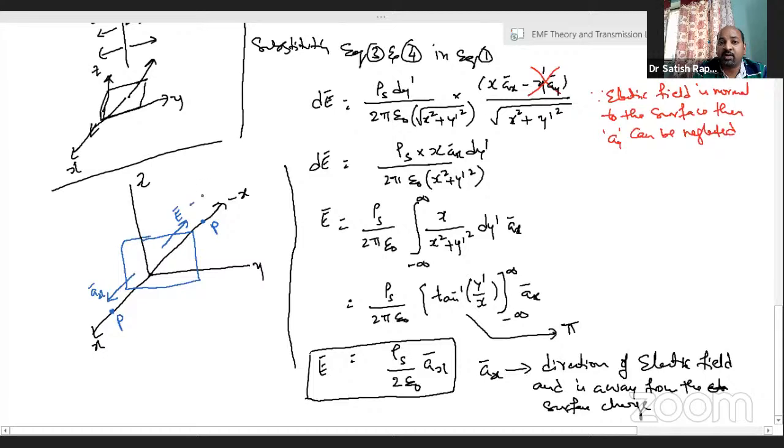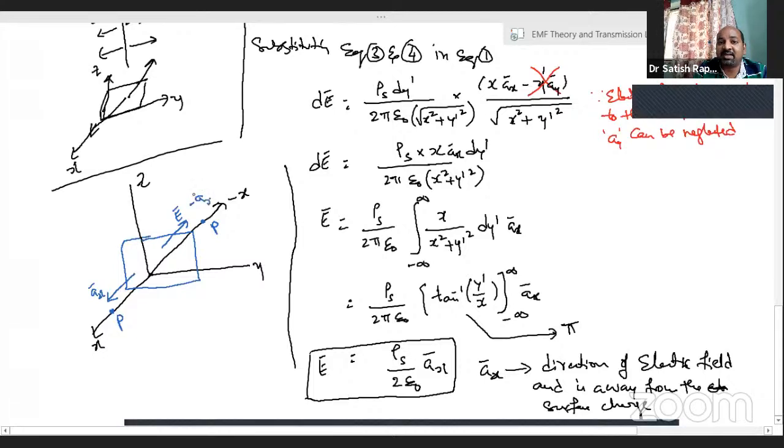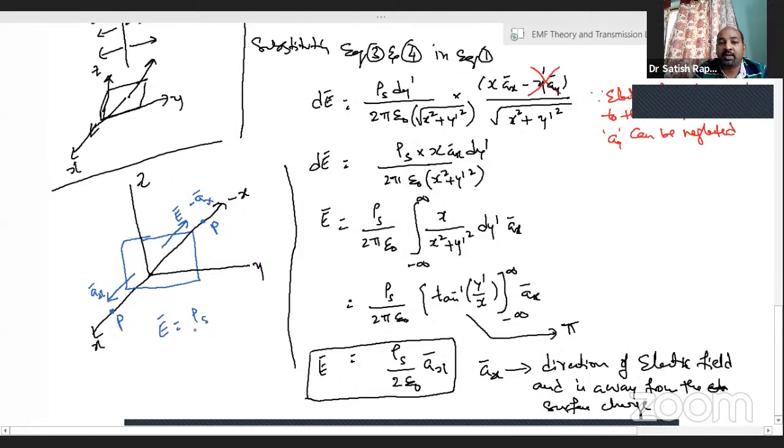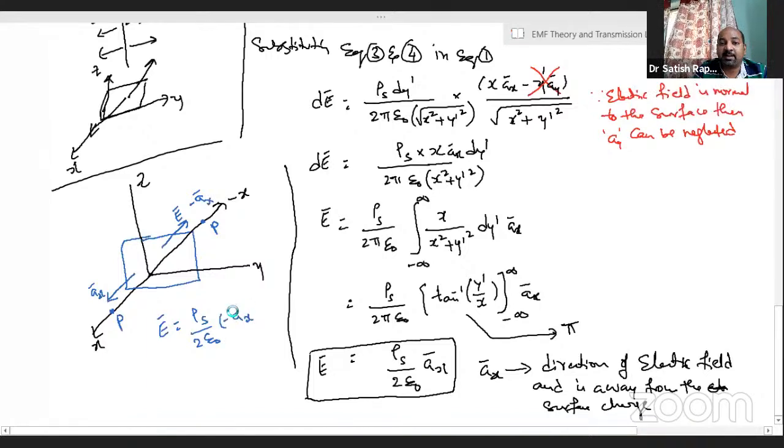So the direction of electric field is minus ax bar. Therefore, the electric field is given by E bar is equal to rho s by 2 epsilon naught minus ax bar.